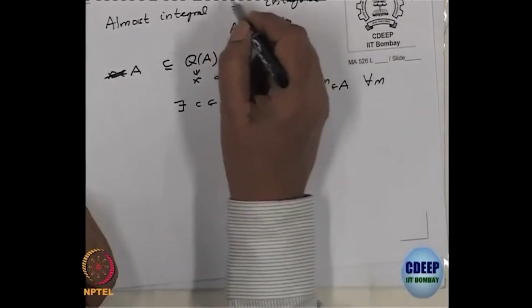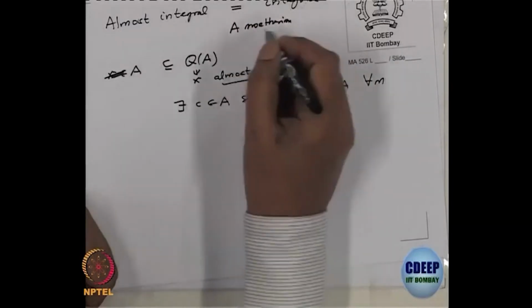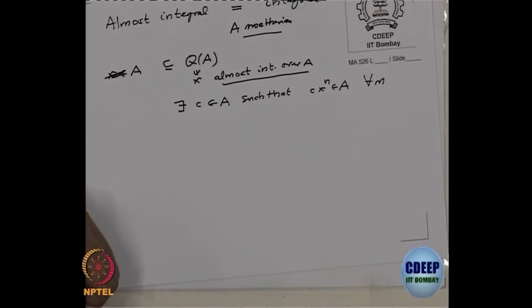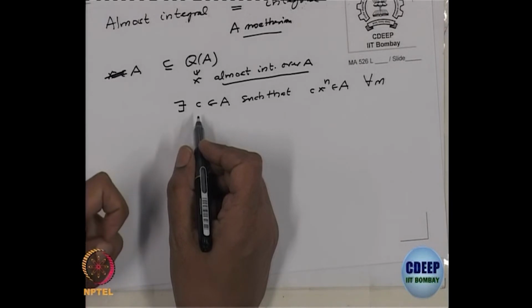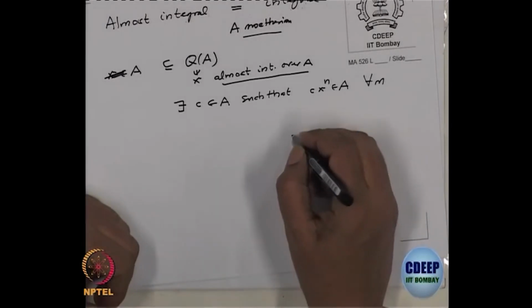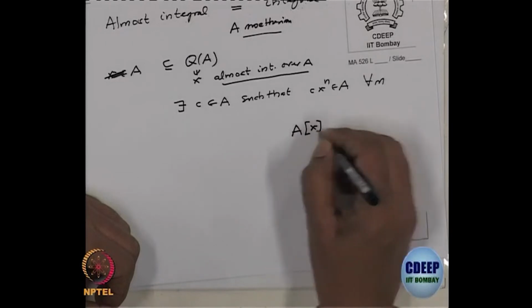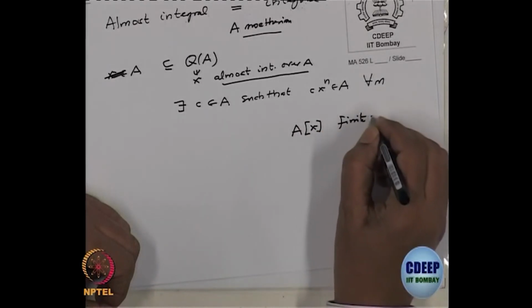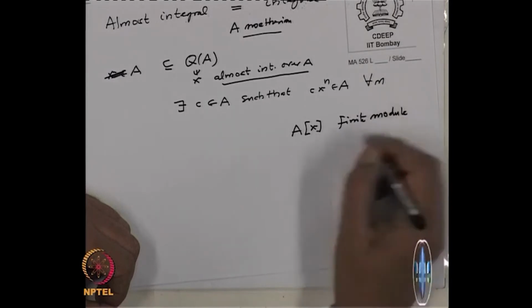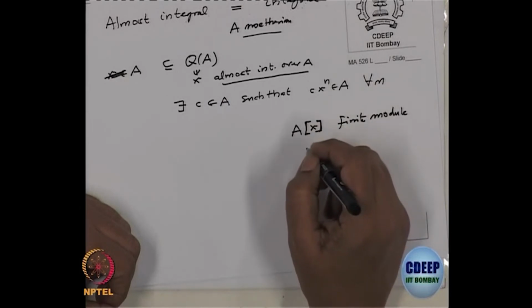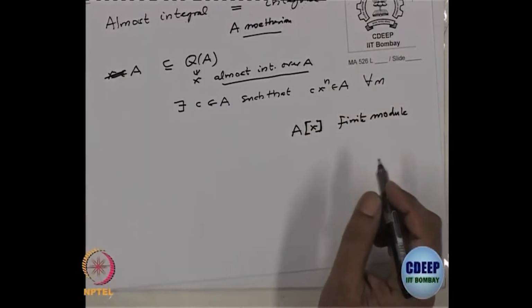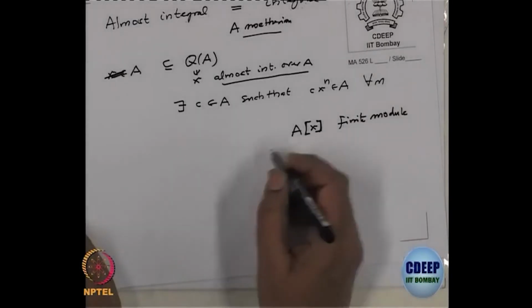So, we want to say these concepts are equal in case A is Noetherian. See, how do you test whether somebody is integral? We have to check that if you take the subalgebra generated by that element, it is a finite module, right. So, A[x] should be a finite module. This is integral. That was one of the equivalent conditions from the definition of integral. But if it is almost integral, then what is the condition?